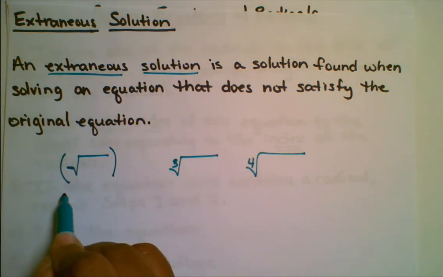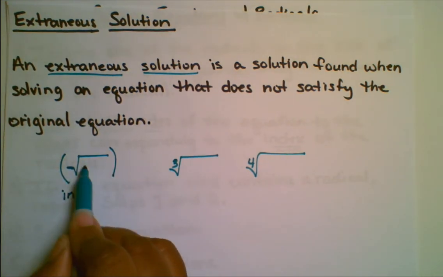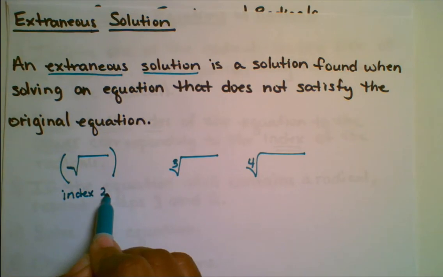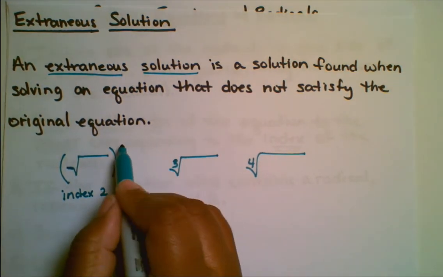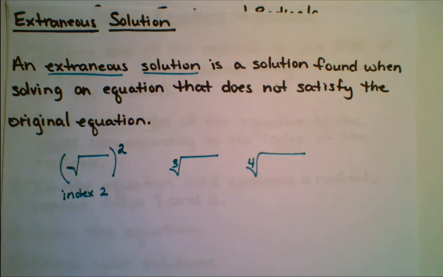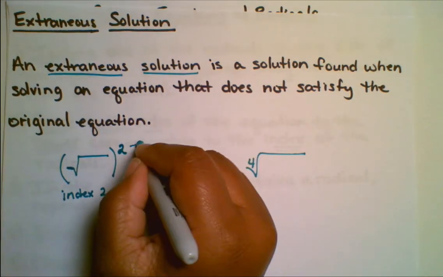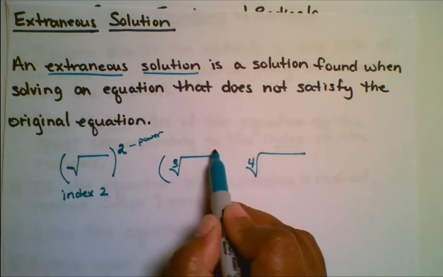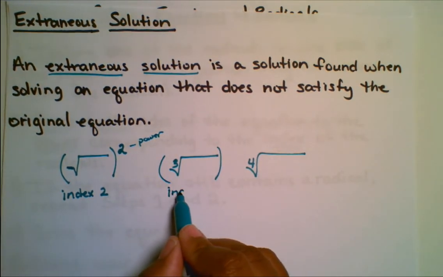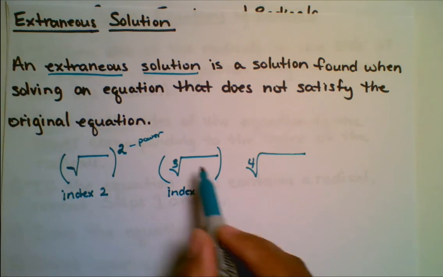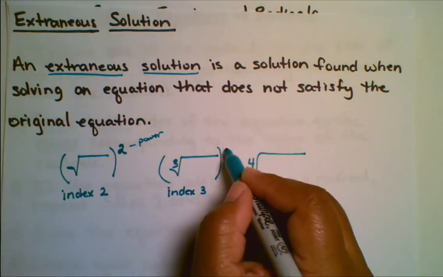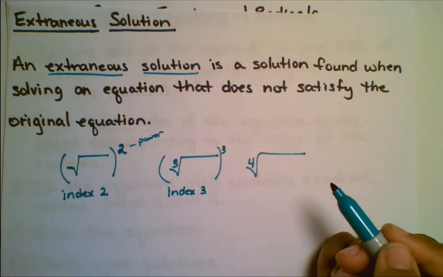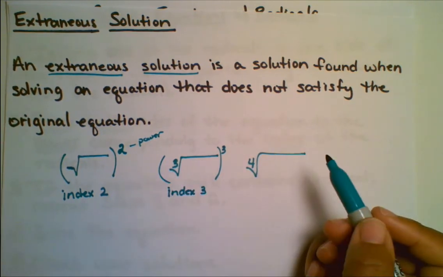So for the square root, the index is 2. What would negate the index of 2? It would be the power of 2, meaning the exponent. For the cube root, the index is 3. What negates the cube root? The power of 3, and it's going to cancel out.